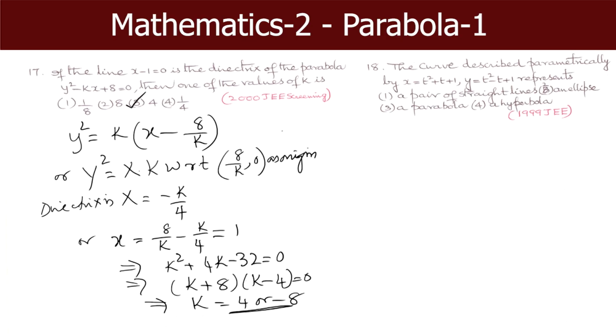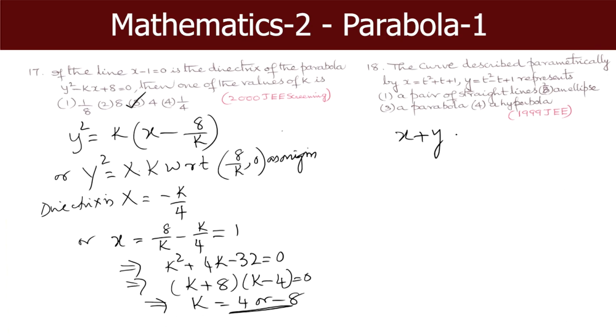Well, normally the equation of the curve is obtained by eliminating the parameter t from the two equations for x and y. But let us see what is x plus y.